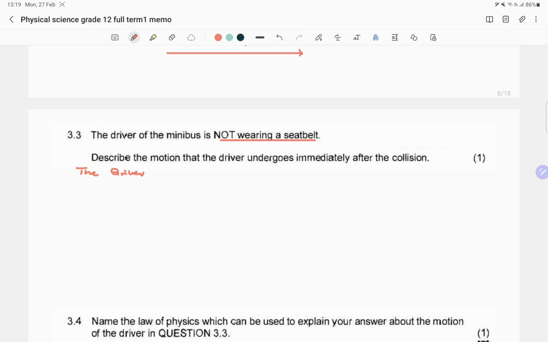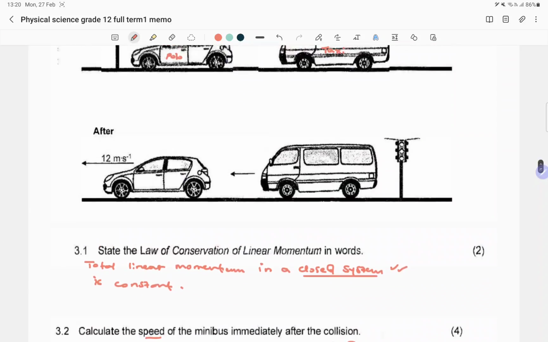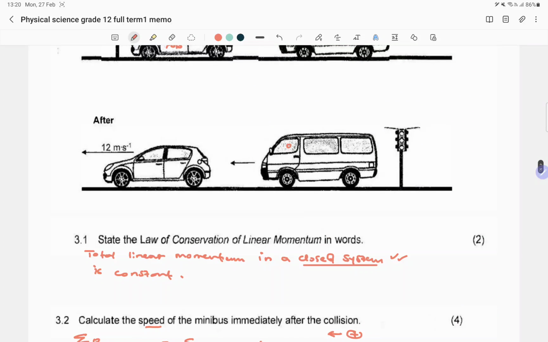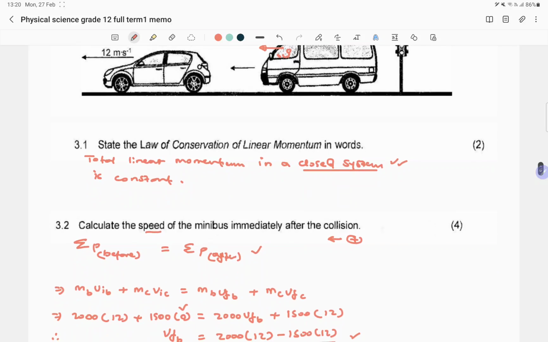The driver of the minibus is sitting right here, so what happens when he hits here, he's going to be ejected in that direction. It's going to be moving towards the windscreen.